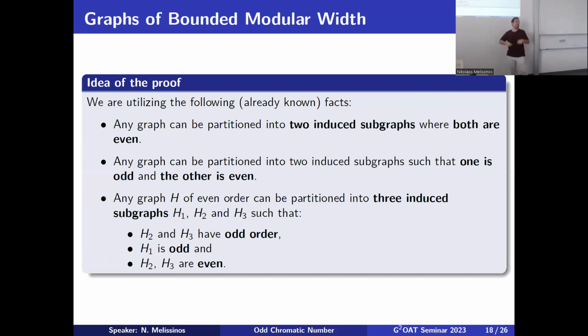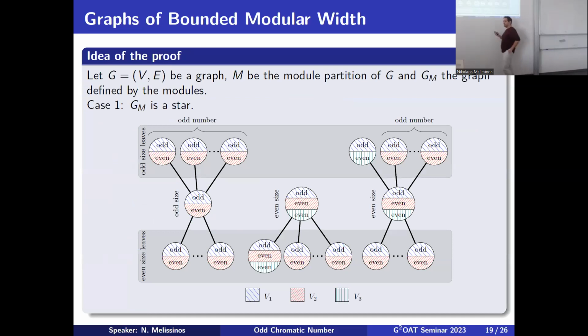The second one is the second dot from Gallai's theorem: you can partition a graph into 2 graphs, one odd, one even. And the final one is that you can partition into 3 parts. And you need to play a bit with the order, if it's odd or if it's even. It's not extremely important, but you can partition it into 3 parts.